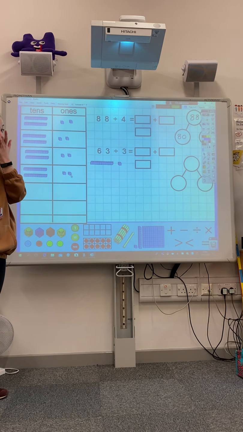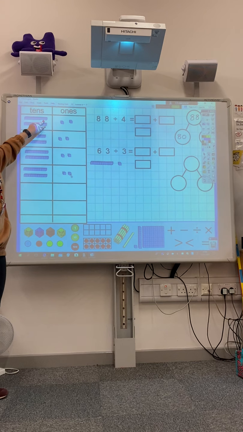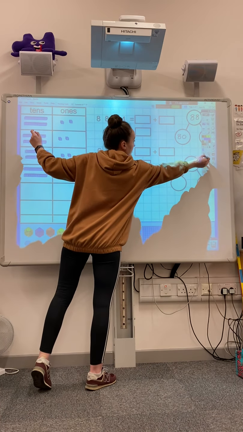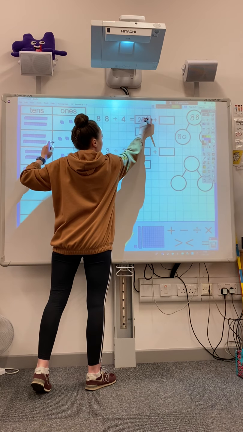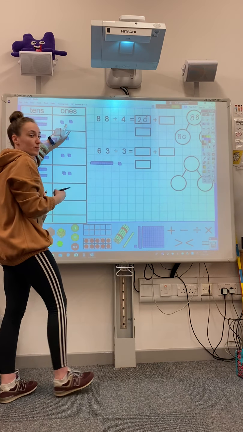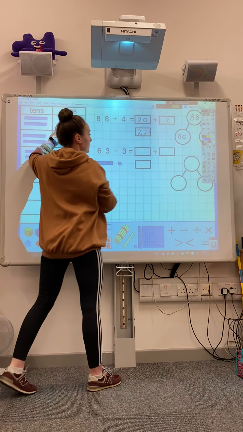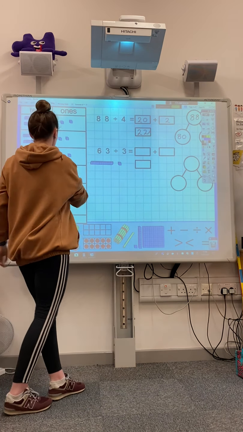So 88 divided by 4, we have 2 10s here, which is the same as 20. So we will put 20 in this box on our worksheet. And then we've got 2 1s, so it would be 20 add 2 equals 22.